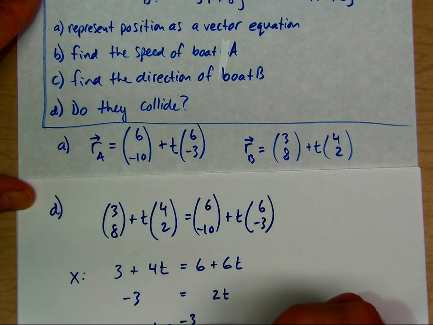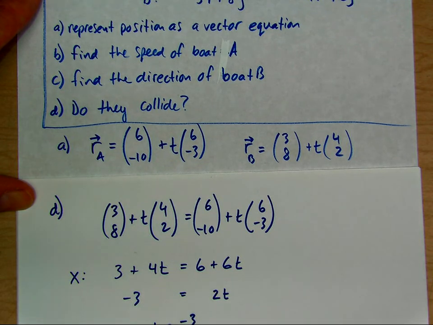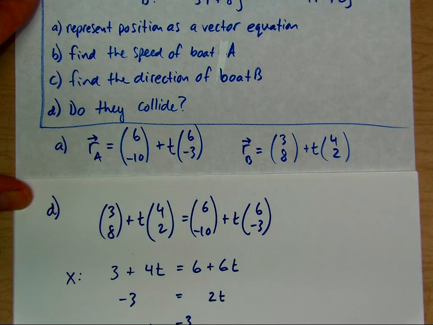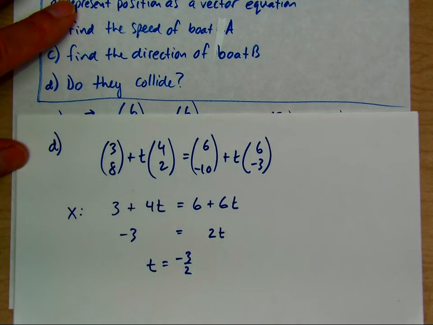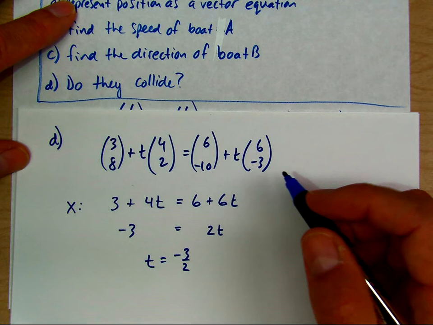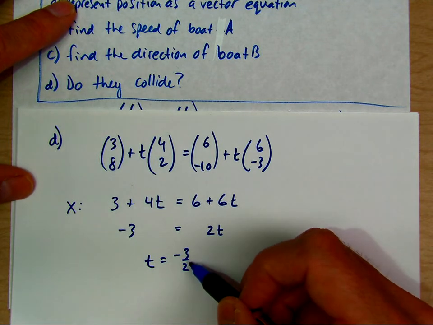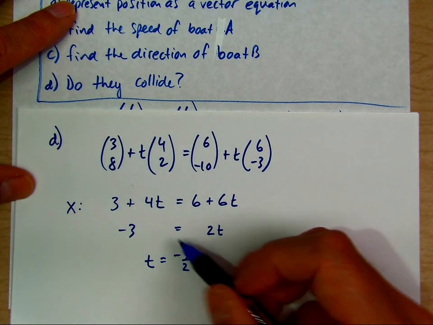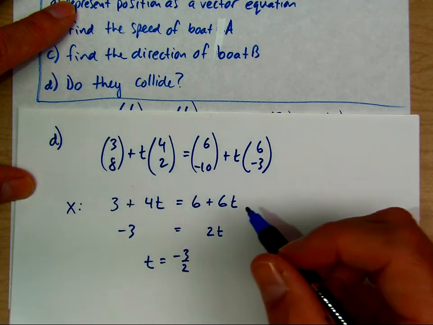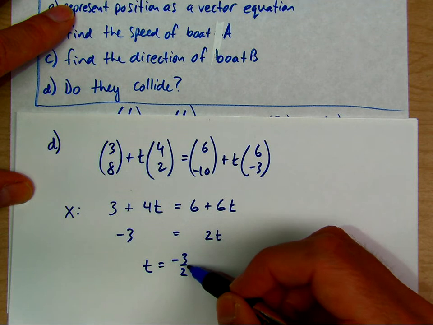We wouldn't talk about negative time, so this is just saying that the boats will never have the same horizontal position going forward in time. And we can't go back in time. So we could stop right there and say that no, they'll never have the same horizontal position because time would have to go negative.